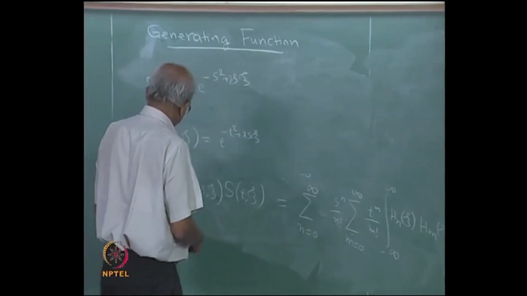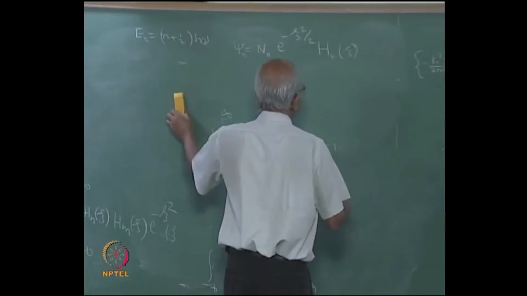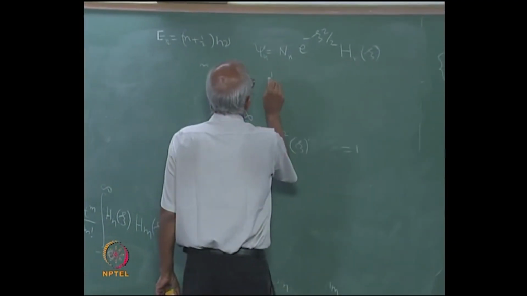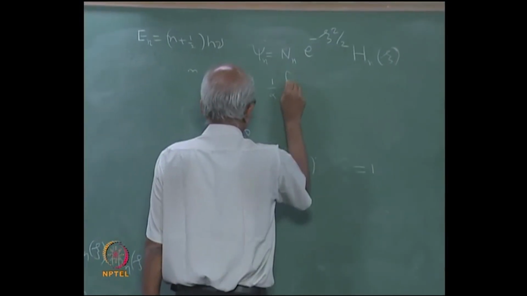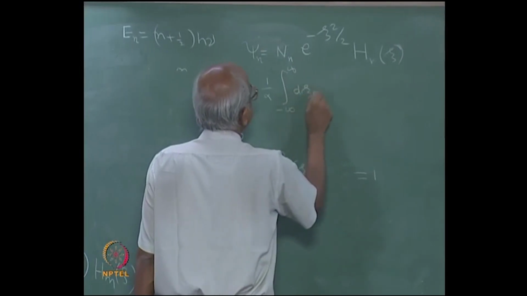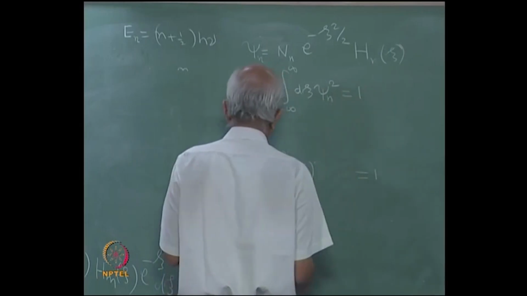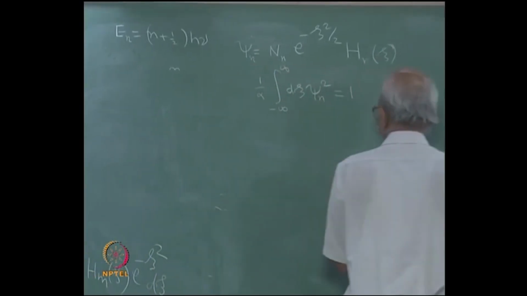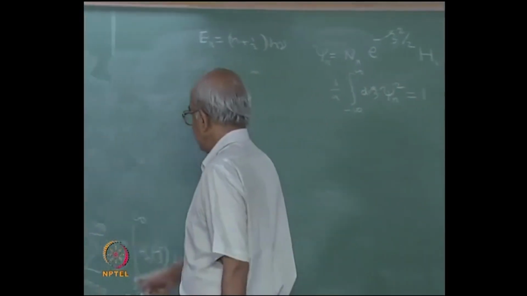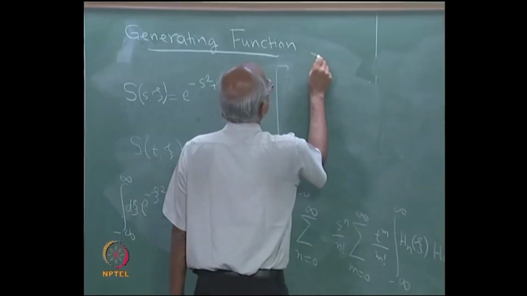I do have problems with space. Maybe the normalization condition I can shift and write somewhere else. The normalization condition actually says, this is the normalization condition. Over this expression I am going to write up here.